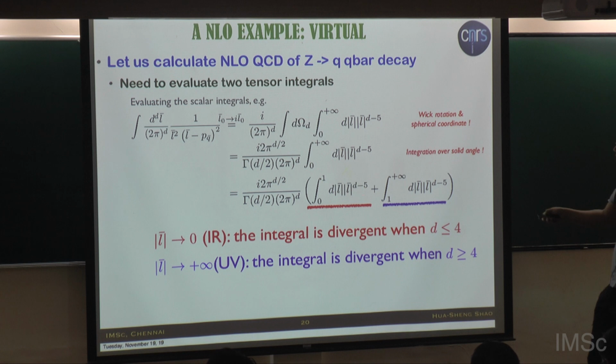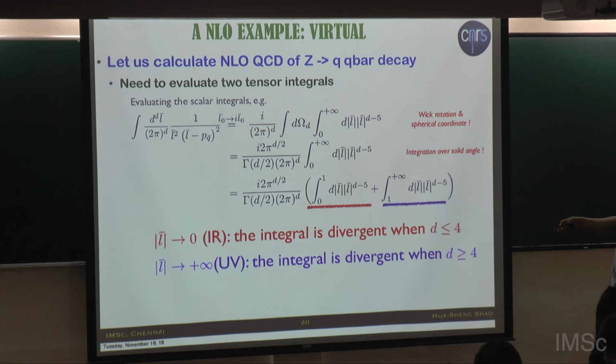If you get infinity, of course you don't get anything, because mathematics tells us that we cannot get anything from infinity, right? And if you go to L bar equals infinity, the integral is also divergent when the real part of d is larger than 4.